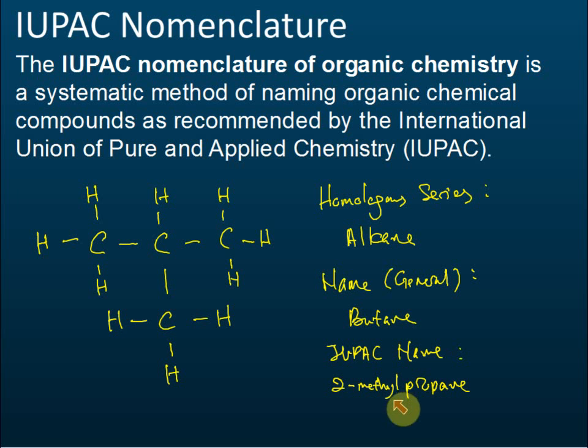So this is the IUPAC name, this is the general name, and this is the homologous series. In exam they may ask you the homologous series, or just the name, or the IUPAC name, and you need to know the difference between these 3. Naming alkane we already discussed in previous lessons, so today we are going to discuss into detail the IUPAC name.